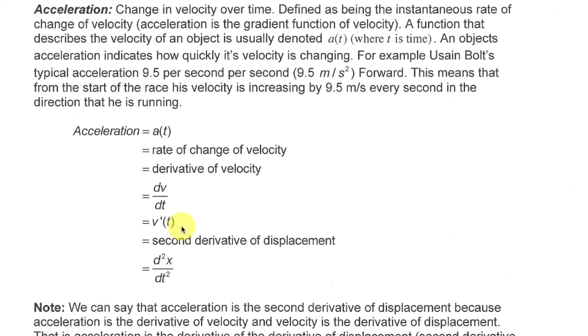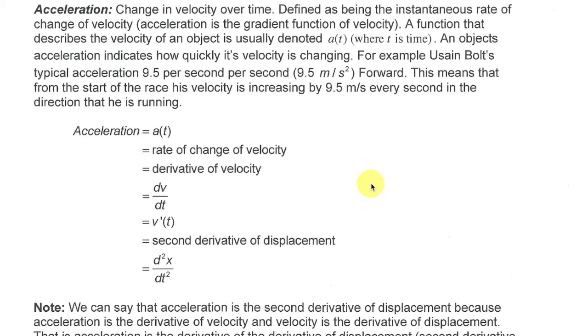We can also say that acceleration is the second derivative of displacement, and would write that in this format. It means the second derivative of displacement. And that makes sense because we know that the derivative of velocity is equal to acceleration, and we also know that velocity is equal to the derivative of displacement.